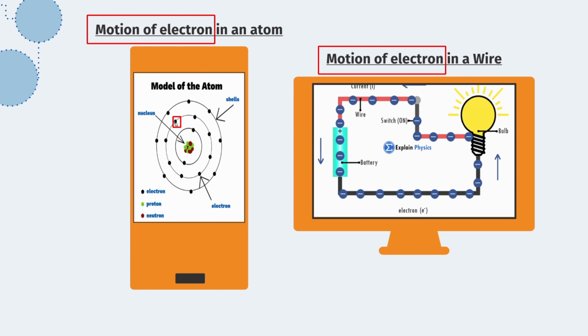Both of these motions are considered a cause of magnetism. Now moving towards the second example, when we have some free electrons flowing through a circuit, or in other words, moving through a wire, the motion of electrons in the wire is also considered a cause of magnetism.